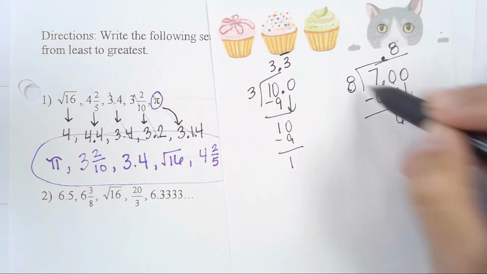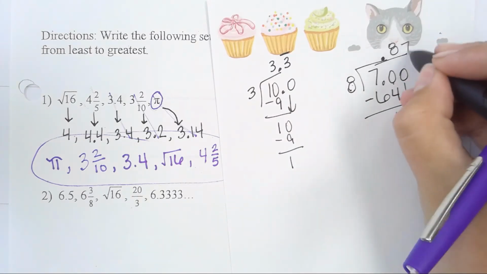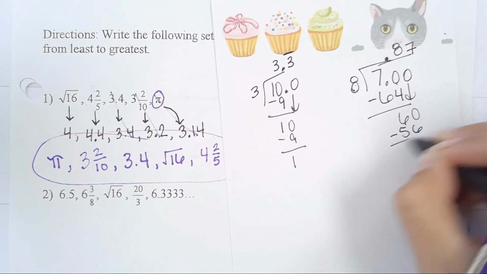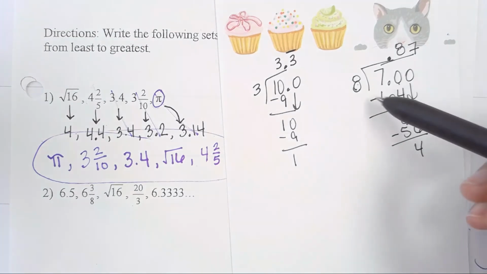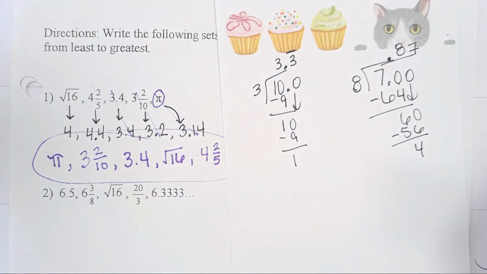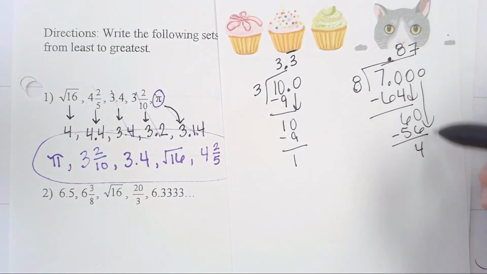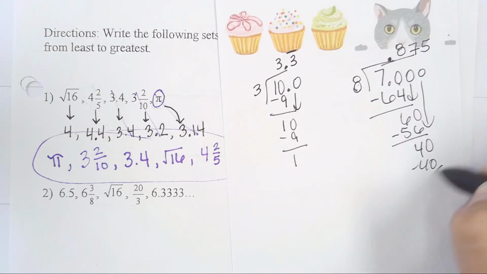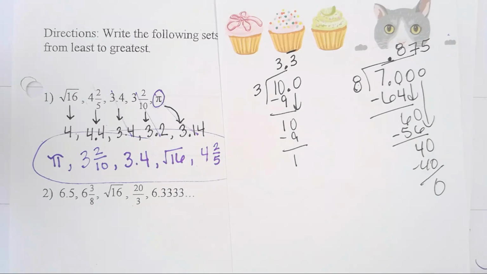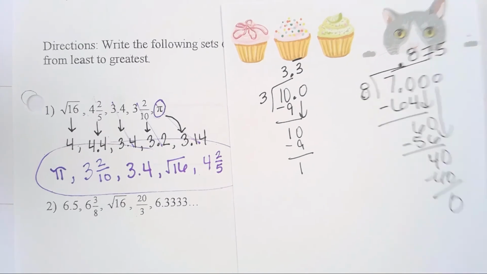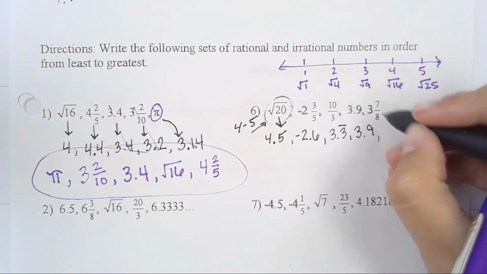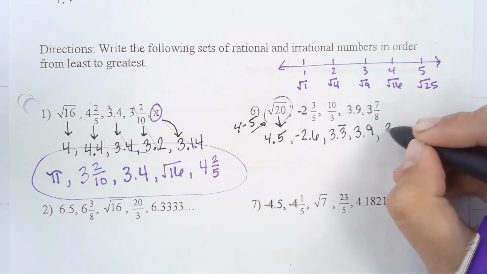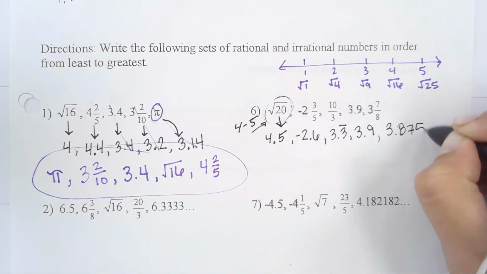And then 8 goes into 60 7 times. 8 does not go into 4, so once again add another 0, and then you'll see that 8 goes into 40 5 times. So 7/8 is the same thing as 0.875, so 3 7/8 would be 3.875.